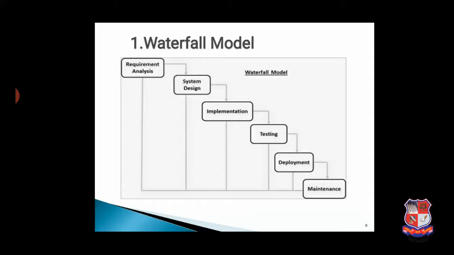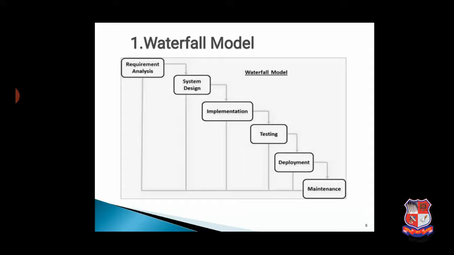Even though my project is over and my product is delivered, if any issues come up from the client side, you have to fix the problem or enhance the product, and that stage is the maintenance stage.